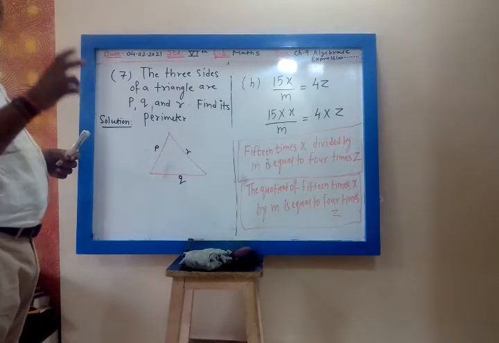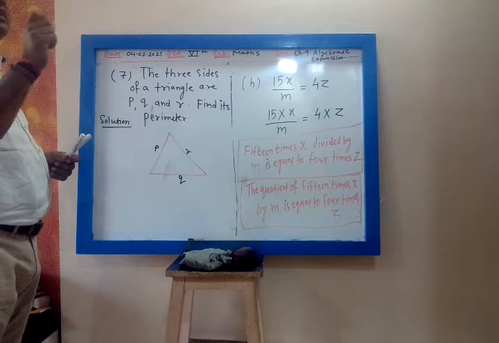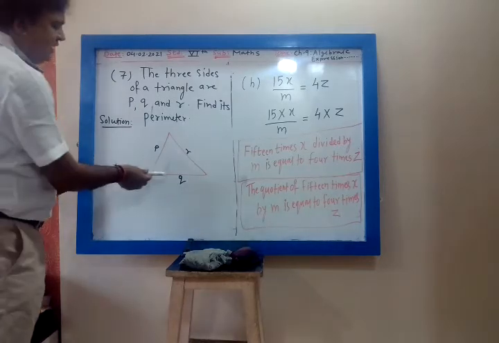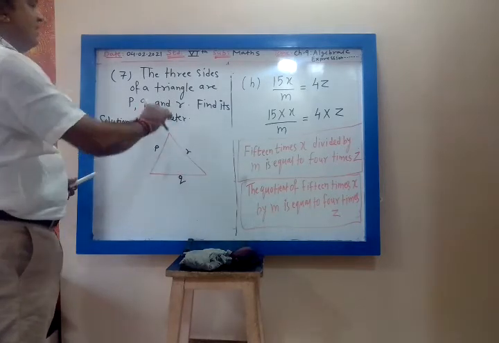So P, Q, R are three sides. A triangle has three sides. One side is P, other side is Q, third side is R.